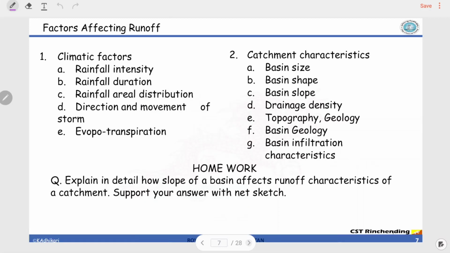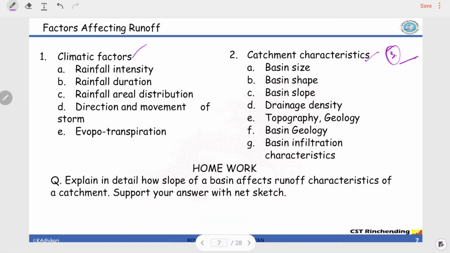Now let's discuss the factors affecting runoff. Broadly we can classify these factors into two groups: climatic factors and catchment characteristics. We can also have a third one that is not included here, as the published literature doesn't include it as a third topic. But now people are saying there can be a third factor, that is the human.